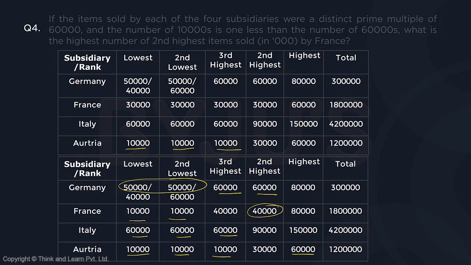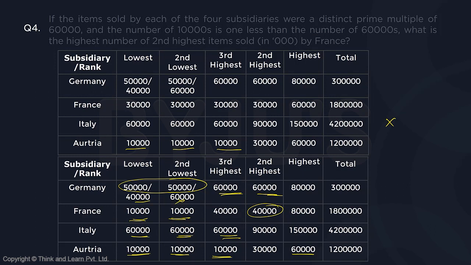I hope it is clear. Let me repeat it. Number of 10,000s should be less than number of 60,000s. Not possible here. Here I am getting 1, 2, 3, 5 number of 10,000s, so number of 60,000s must be 6. So 1, 2, 3, 4, 5 and 6. 6 already I am having. So number of 60,000s must be 6 only. So this case is ruled out. I must take 50-50.